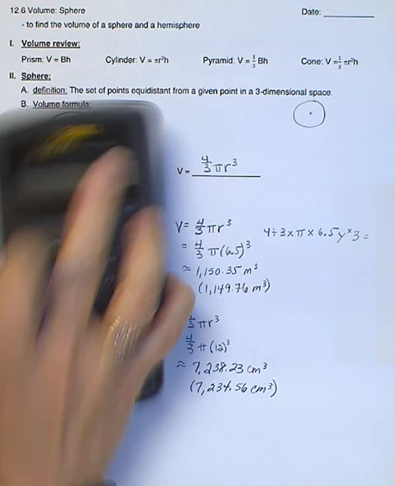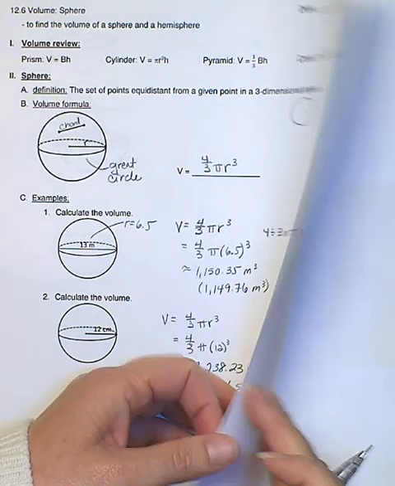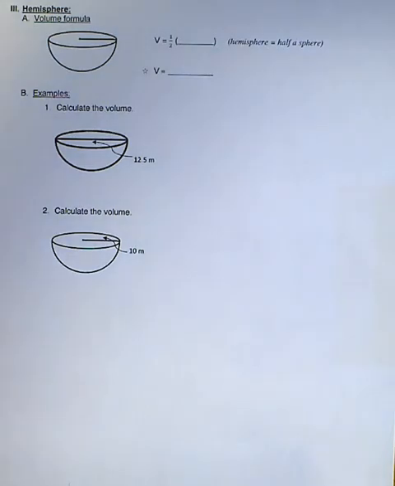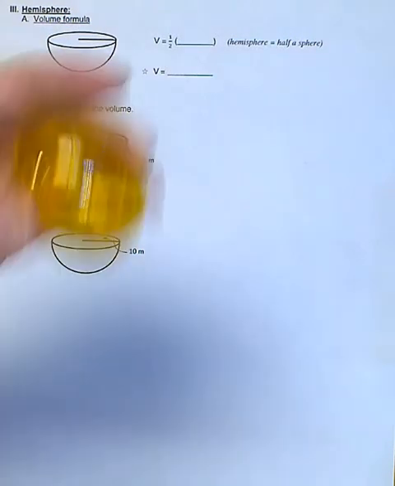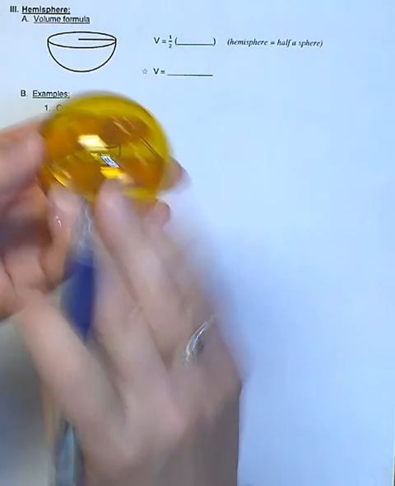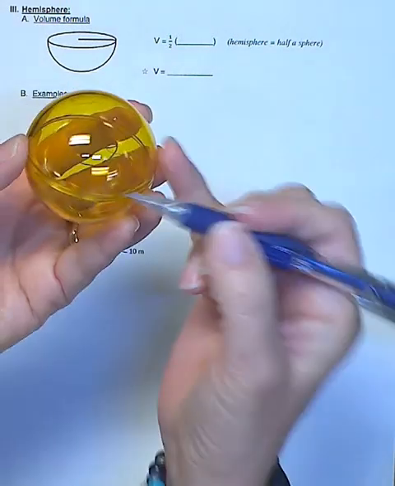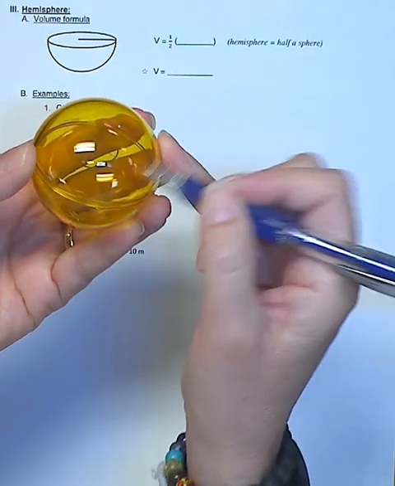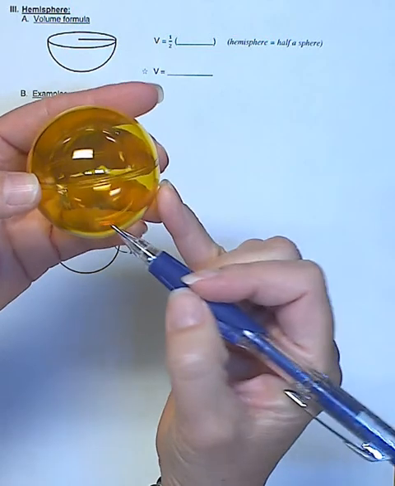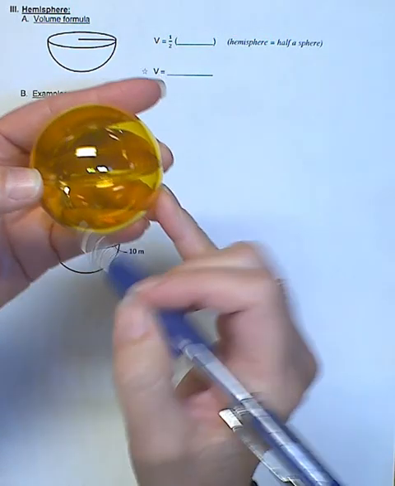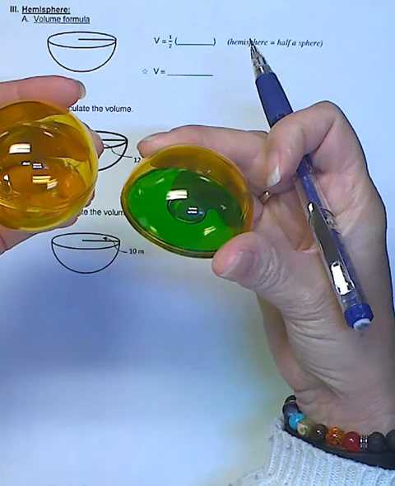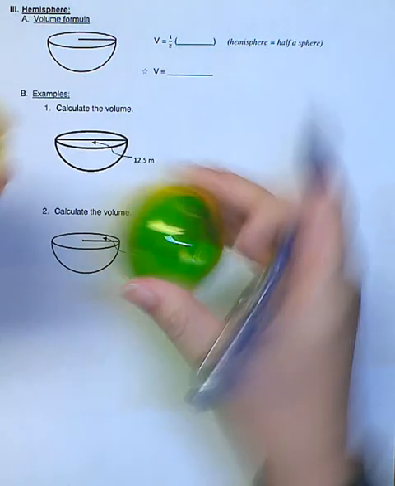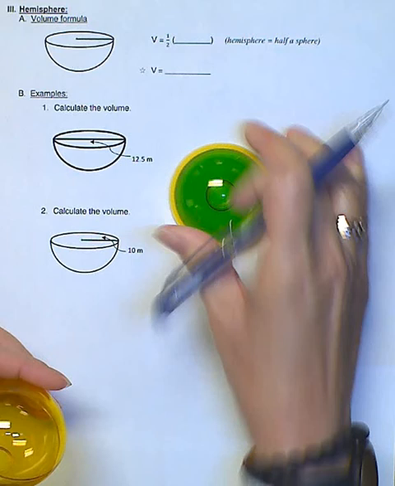So now, let's talk about what happens when we're filling a bowl instead of a ball. So if you think about this again as planet Earth, and this is the equator. Arizona is in the northern hemisphere, and Australia is in the southern hemisphere. So that's what it would look like, just the hemisphere. So you can see that the hemisphere has a circle, and then it's bubbled up here.